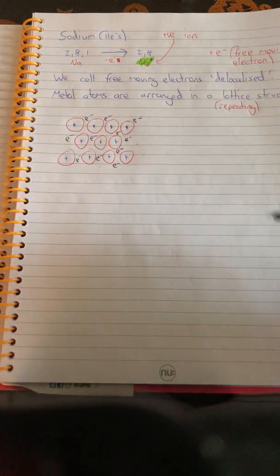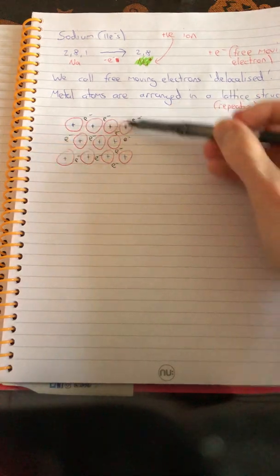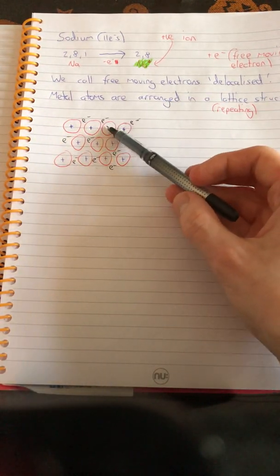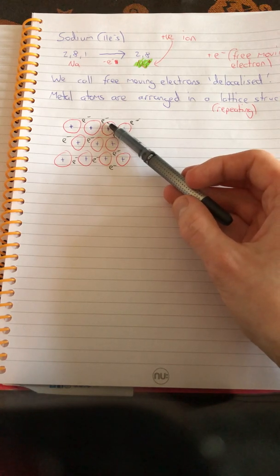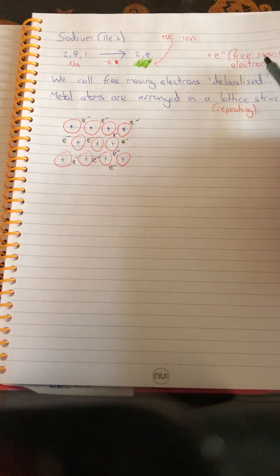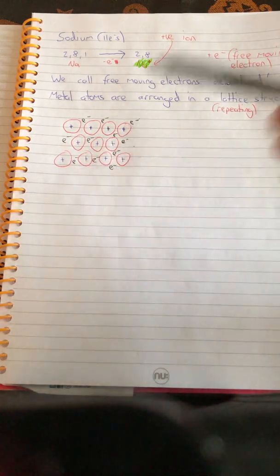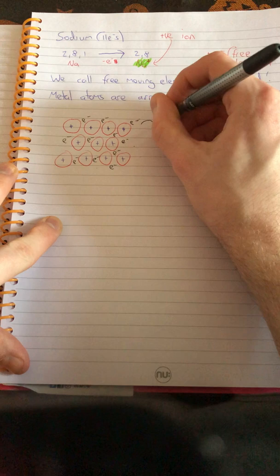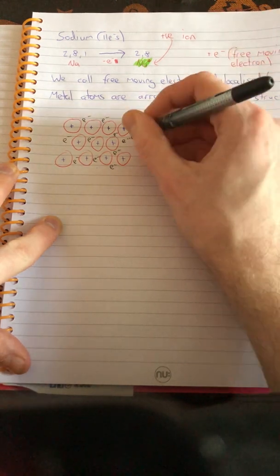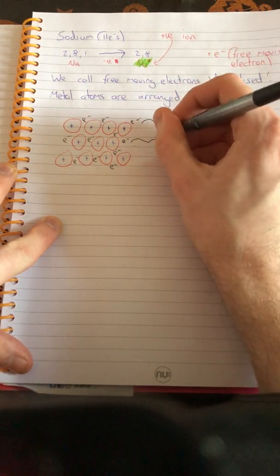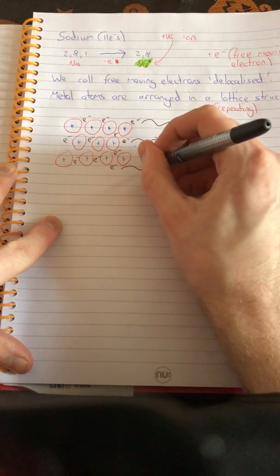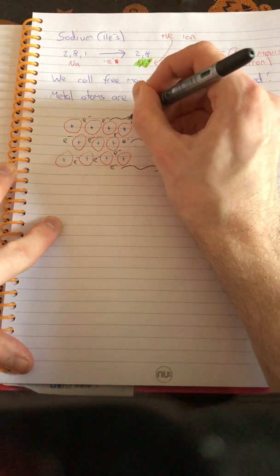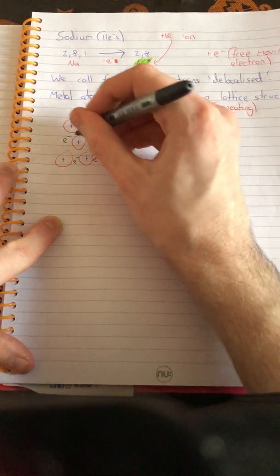These electrons are then scattered throughout the structure. Yeah? So these electrons are now scattered away, and what's important is that they're delocalized. And what do we mean by delocalized? They're free moving. Okay, so these electrons are free to move, and what they do is they like to move in the same direction, sort of the way I'm drawing it, like so.